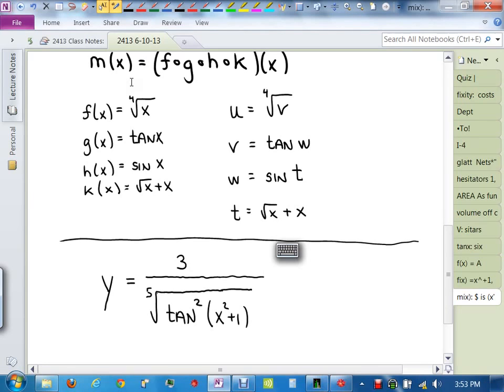So if you were working from the inside out, it would be this, then tangent, then square. So coming back in, it would be square, then tangent, then this. Yes, that's right. Good. Yes, that's it.